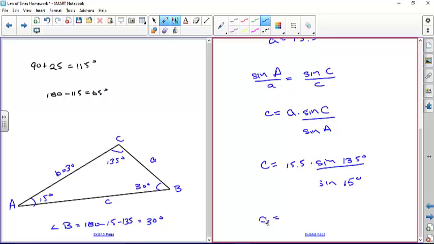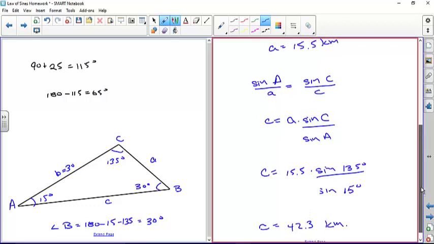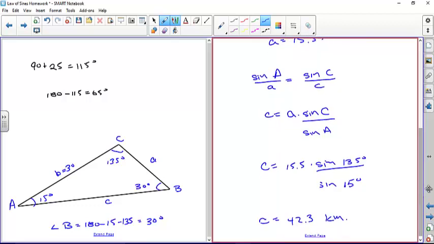So 15.5 times the sine of 135 divided by the sine of 15, and I get 42.3 kilometers. So those are the two answers, 15.5 and 42.3. Let me check. Okay, so that's correct.